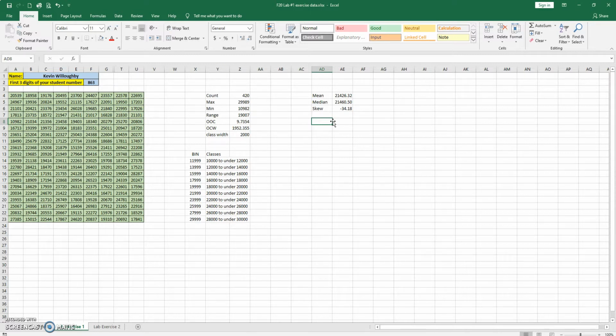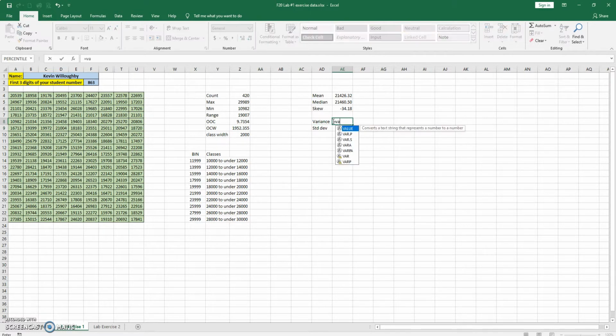Step 4, we want to calculate the variance and the standard deviation. The function for the variance is VARP, bracket, highlight all your data, or enter the name. There's the variance, and more importantly the standard deviation, STDEVP, bracket, name of your data. My standard deviation is just under 3,300. That value becomes important in later sections.